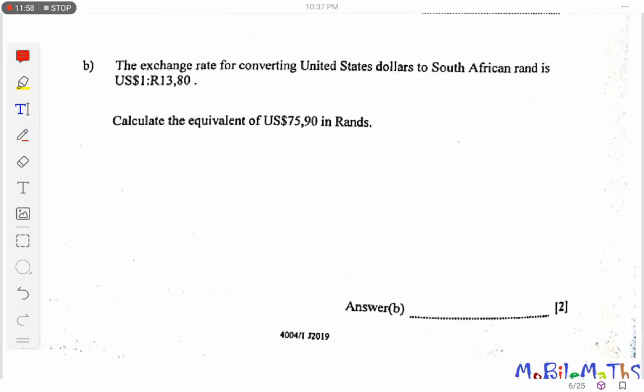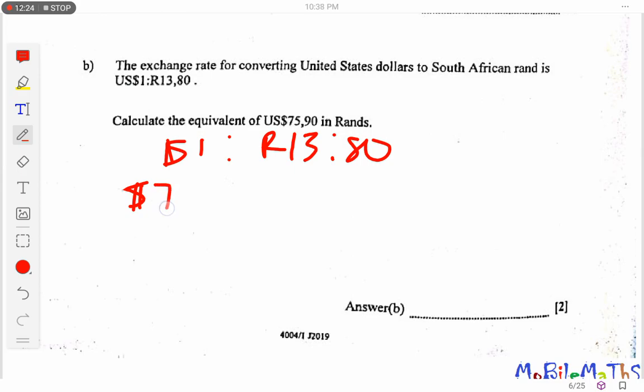Then we want to convert United States dollars to South African rand. We are given the ratio, so we can say $1 is to R13.80, and we are given 75.90 there.